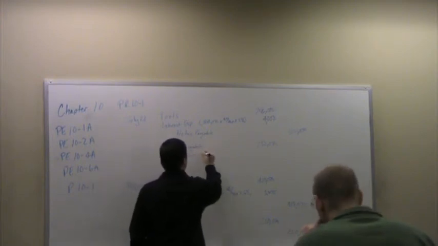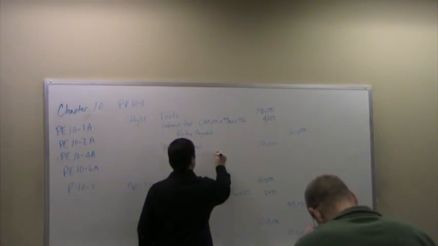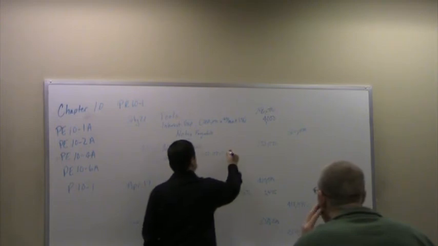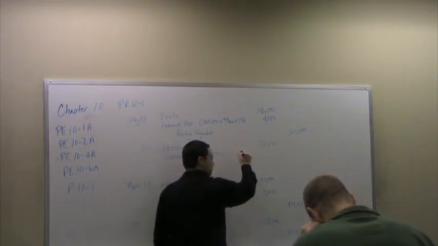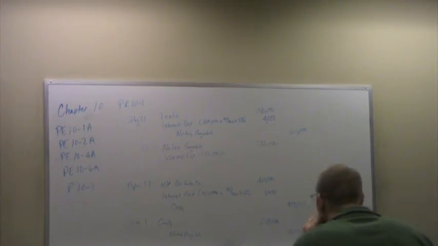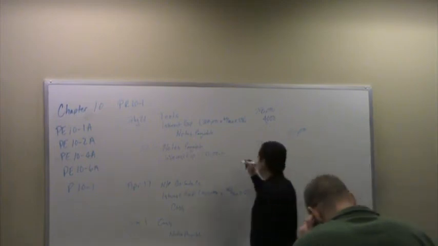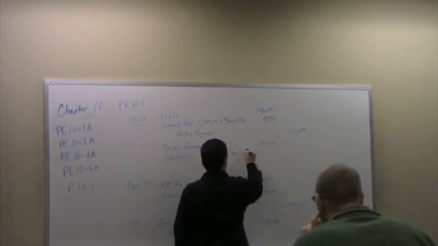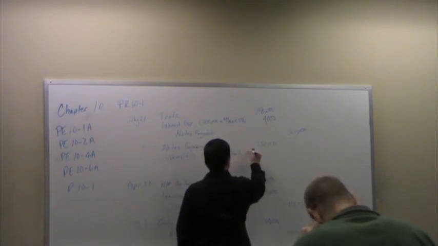To figure that out, we're going to take 250 times, what was the original term? 60 days? Times 7.5%.